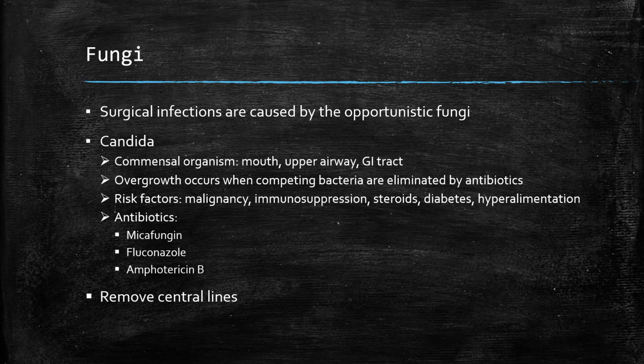Additional risk factors for Candida infection include malignancy, immunosuppression, steroids, diabetes, and hyperalimentation. Antibiotics active against Candida include micafungin, fluconazole, and amphotericin B. If the patient has a candidal infection of an implantable device like a central line, the line will have to be removed.